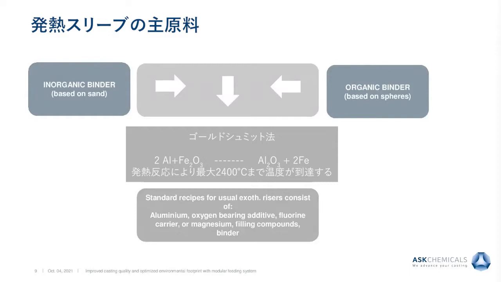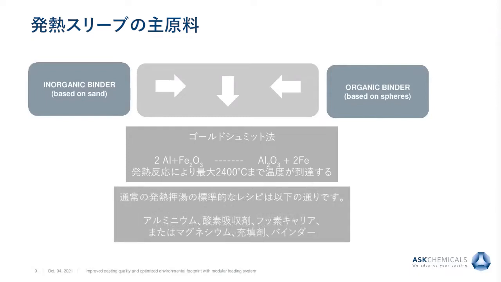That's why we steer this reaction with our oxygen-bearing additives and also with the filling compounds we have inside. To start this reaction, we also need a fluorine carrier, cryolite or magnesium, and of course, to give a fixed geometry with the needed strength, we need binders to create these exothermic risers.